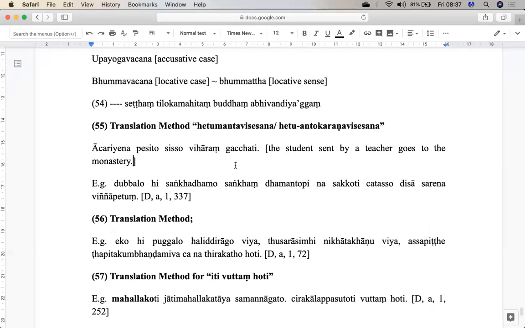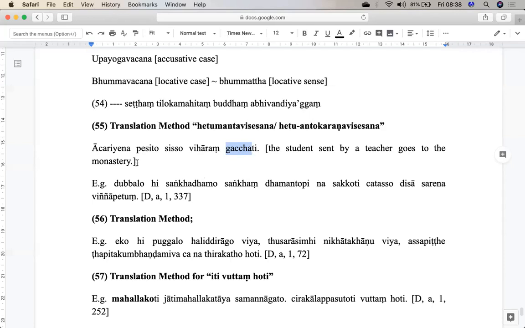A student goes to the monastery because he is sent by the teacher. If a teacher does not send, he will not go to the monastery. So that is why here, sent is a modifier of the student, and also a kind of reason for going, gacchati. A student goes to the monastery because of being sent by a teacher.